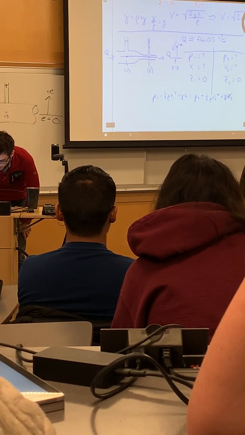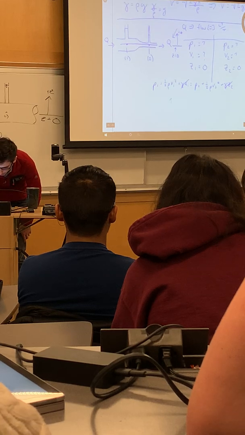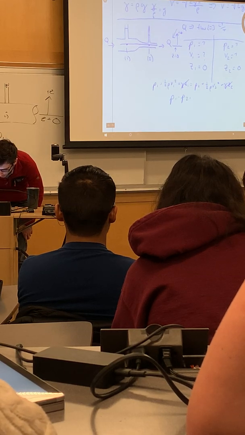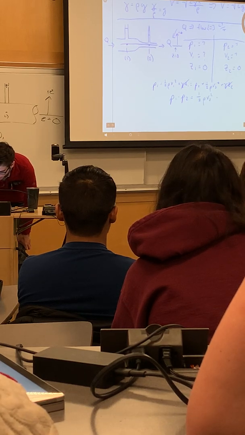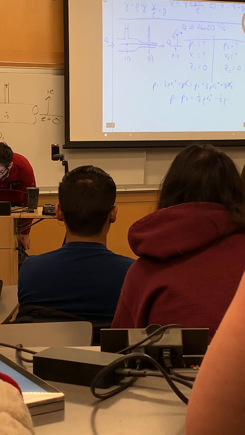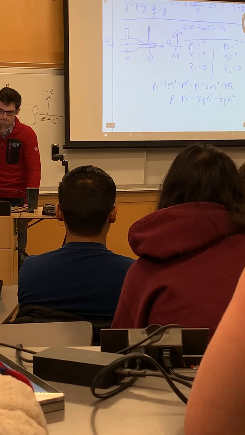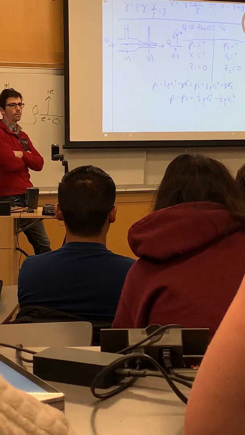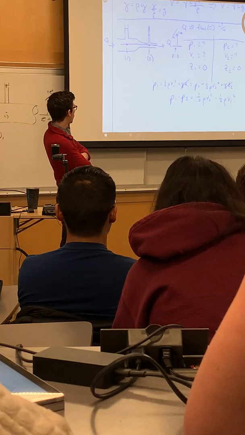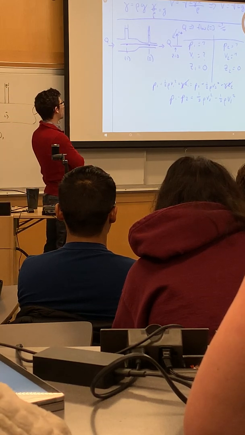So the Z's cancel, right? And we're left with P1 minus P2 is equal to 1/2 rho V2 squared minus 1/2 rho V1 squared. Okay, so those two things have to equal one another.